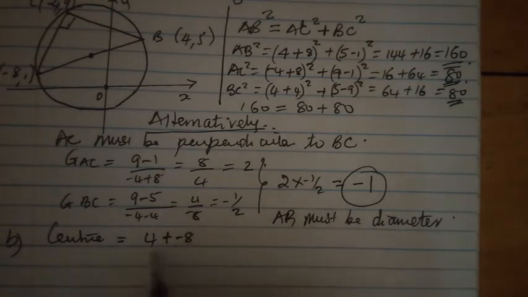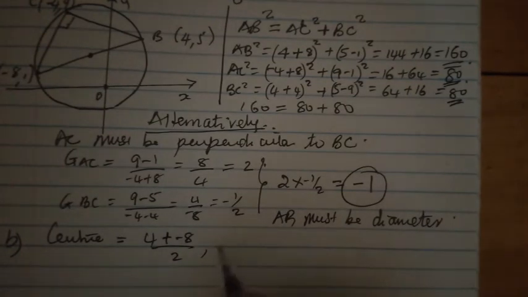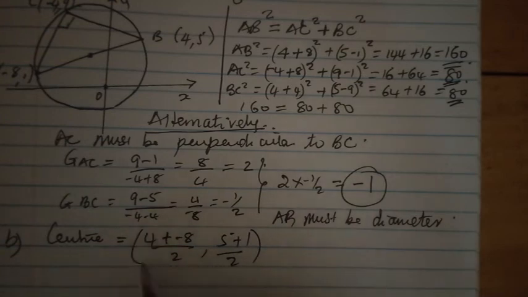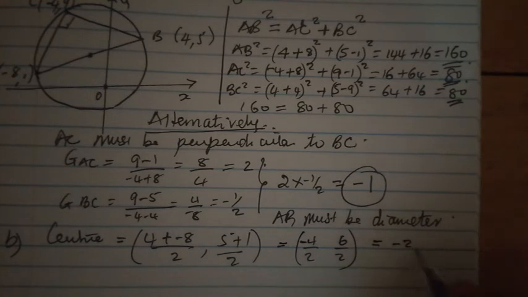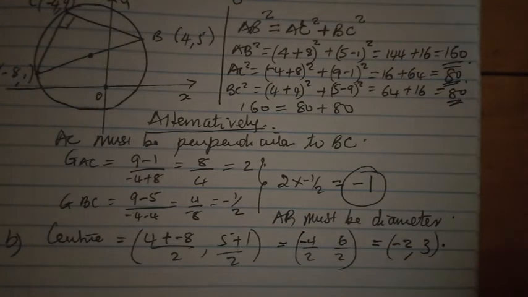The coordinates of the center are given by (x1 plus x2) over 2, (y1 plus y2) over 2, which is (4 plus (-8)) over 2, (5 plus 1) over 2, which is minus 4 over 2 and 6 over 2.